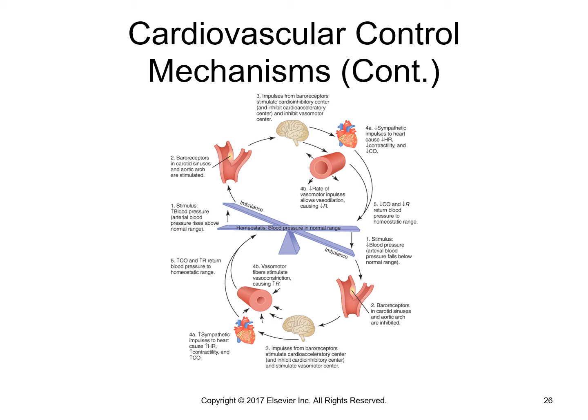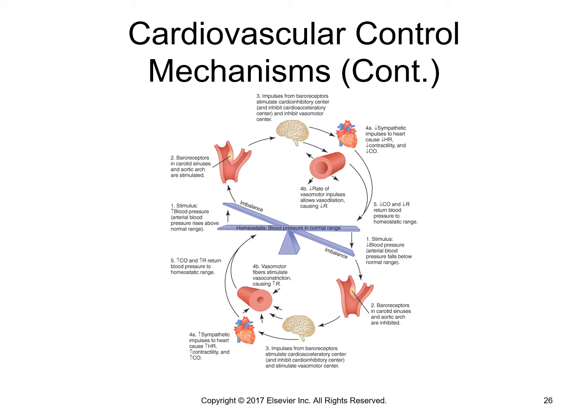Then the baroreceptors in the carotid sinuses and the aortic arch are stimulated. Then the impulses from the baroreceptors stimulate the cardioinhibitory center, and then inhibit the vasomotor center.